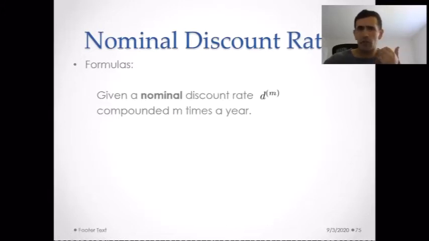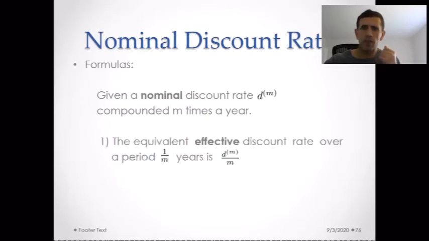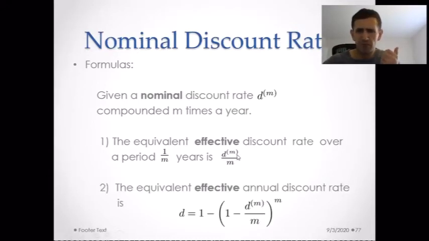To summarize, given a nominal discount rate d superscript m, the meaning of that is the effective discount rate over a time period of 1 over m years is d superscript m over m. And the equivalent effective annual discount rate is 1 minus parentheses 1 minus d superscript m over m, raised to the m.